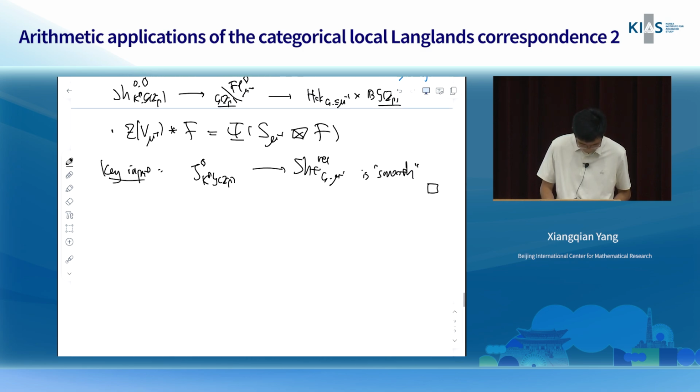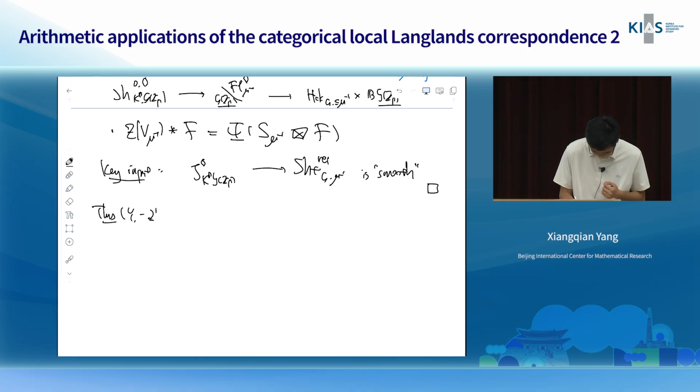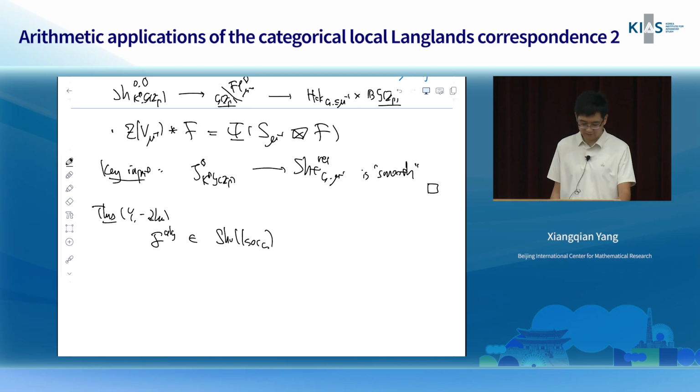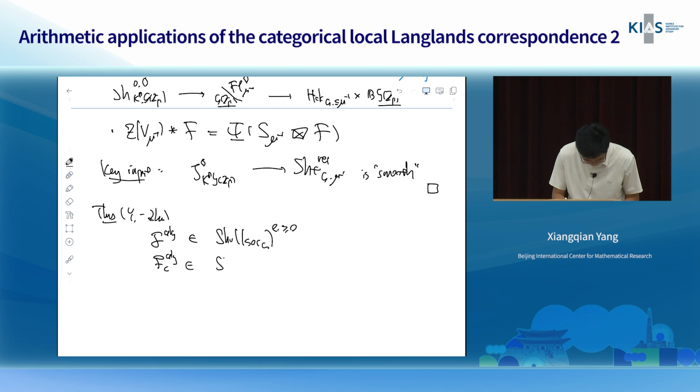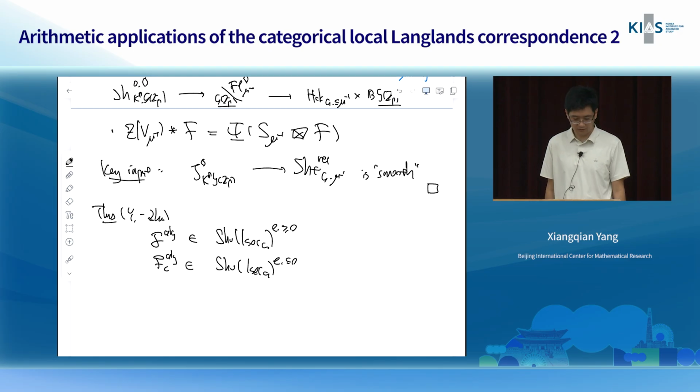This is proved in a previous work with Hamann, that this algebraic Igusa sheaf always lies in the co-connective part of the sheaves on Isoc if you use this exotic t-structure defined yesterday by Hamann. And the compact support version also always lies in the connective part of the category.